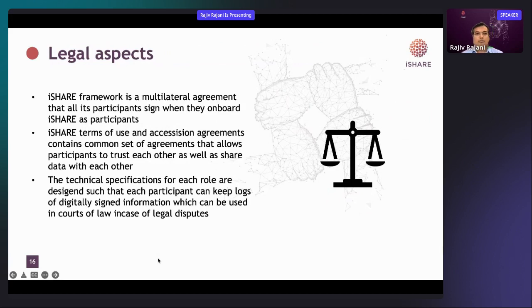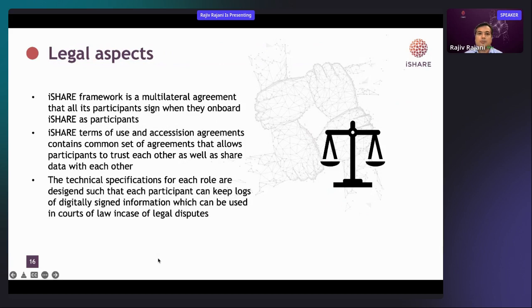The iShare framework is, as I mentioned, a multilateral agreement, because when the participants onboard via the satellites in iShare, they actually sign a legal agreement where they accept the terms of use and accession agreement, which determines that they accept that they will abide by the rules and the data licenses, for example, that are shared along with the authorizations on the data.